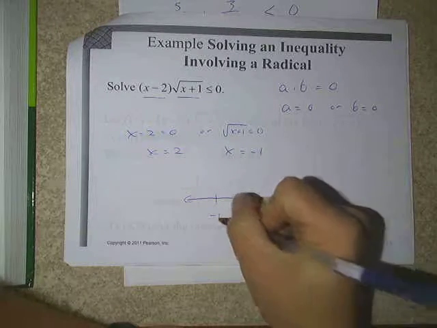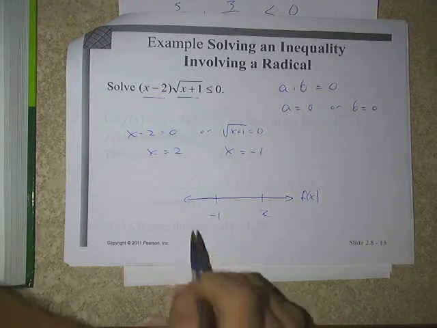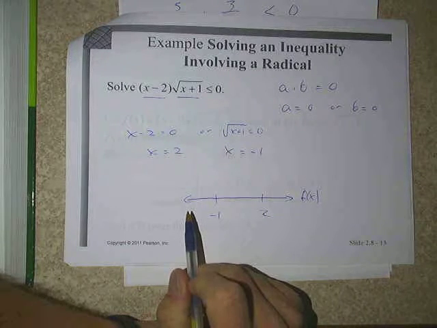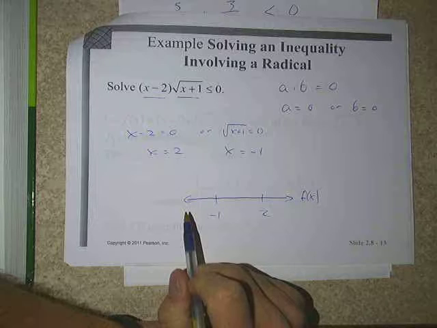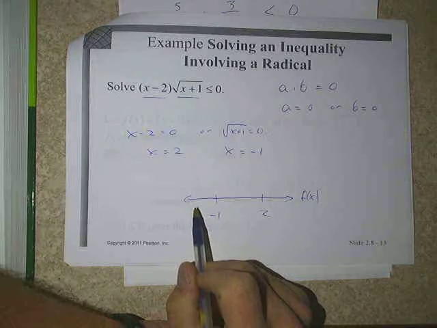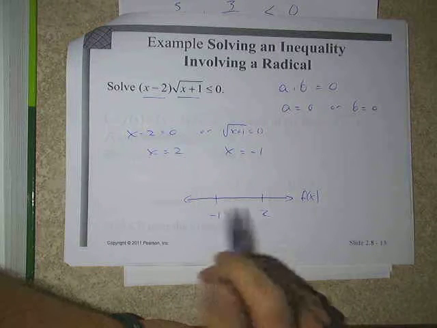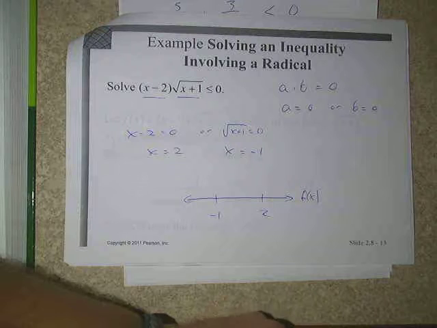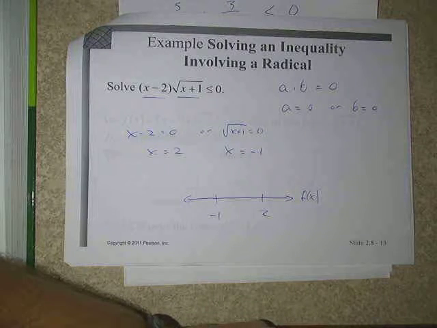There's one important thing we need to consider here. Over on this side of the negative 1, do I need to actually do a test? What would happen if I did, like if I took negative 2 and plugged it in? Who can tell me what problem we're going to run into?